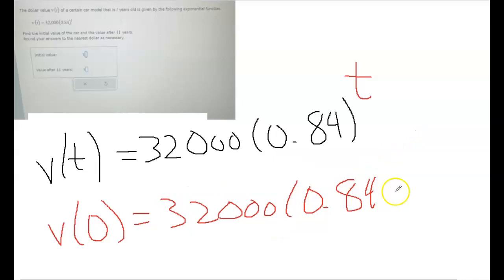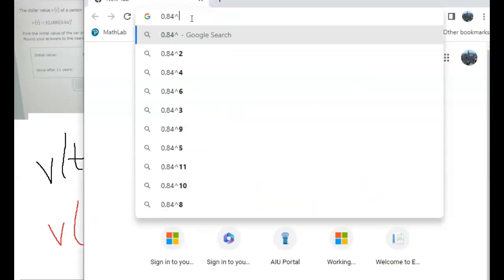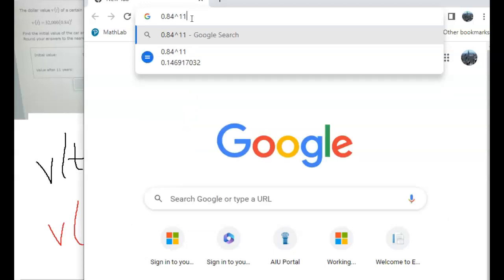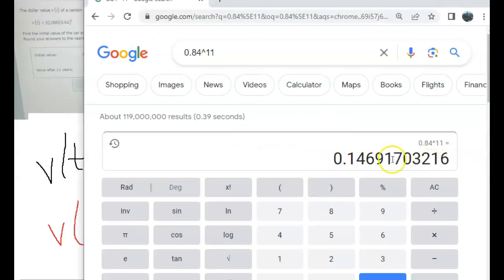Just backing that up here, if instead we're looking for the value after 11 years, we plug in 11 in here. And so 0.84 to the 11th, I'm just doing this in Google here. Shift 6 gives me an exponent. You can do it on any sort of calculator, Excel, any device to calculate this, raise it to the 11th power, and you get this number.